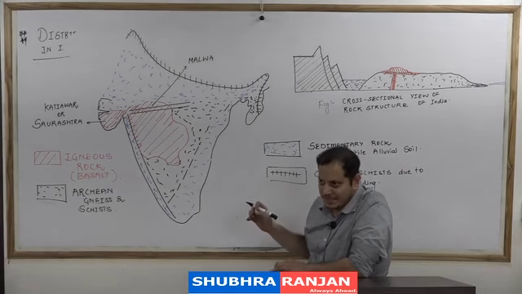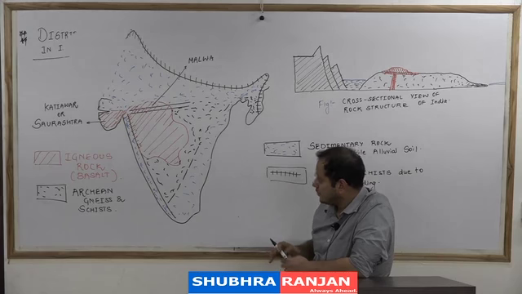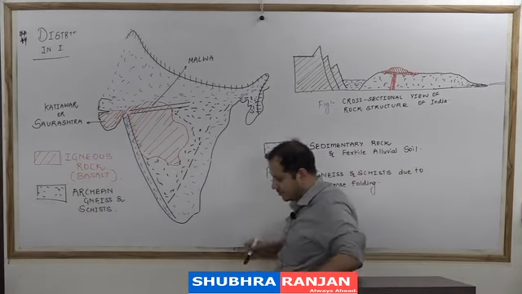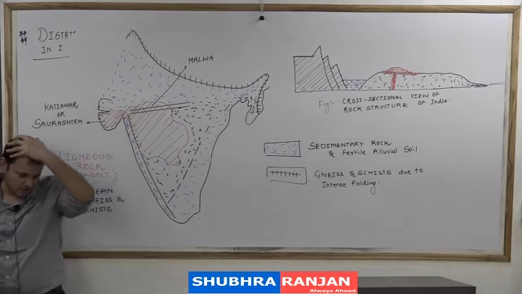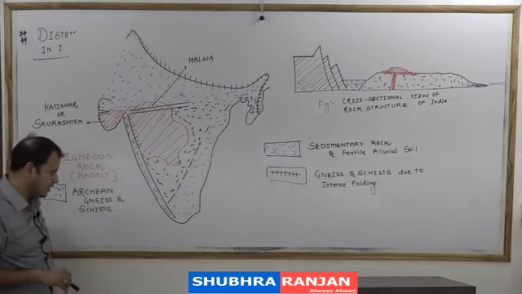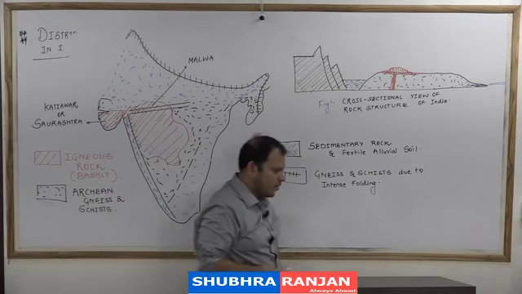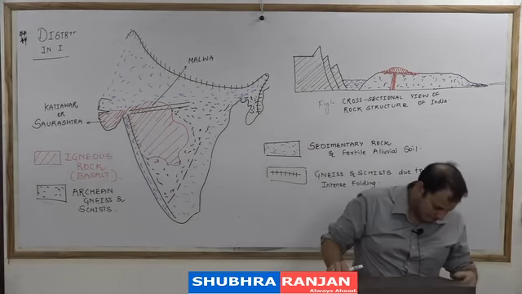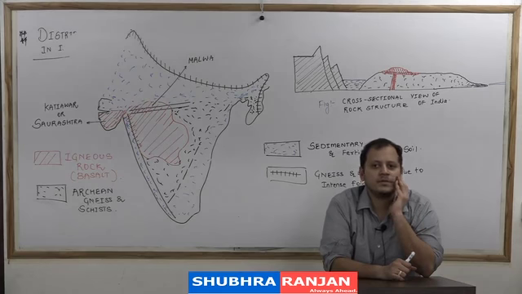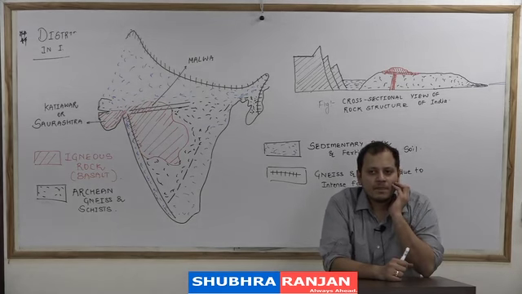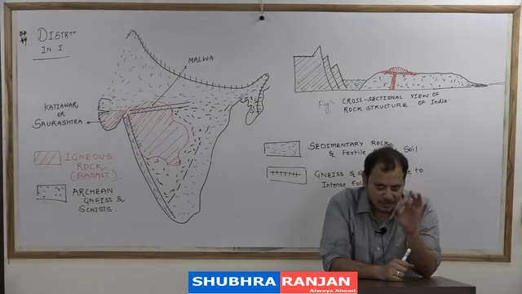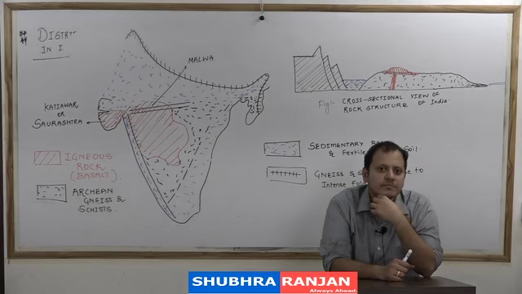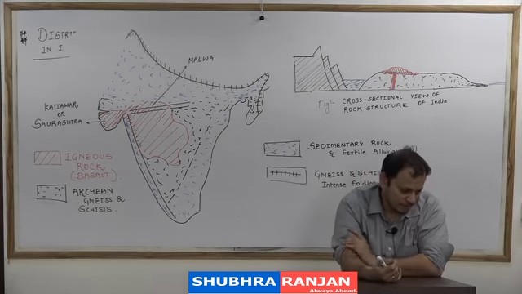The sediments, next point, the sediments brought down by the Himalayan rivers were deposited to give rise to Great Plains of India.